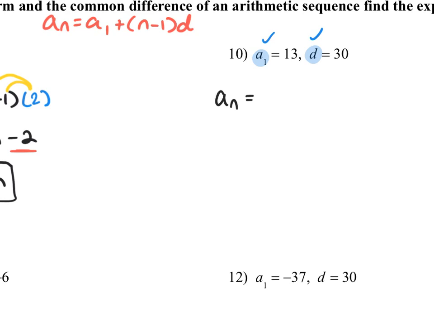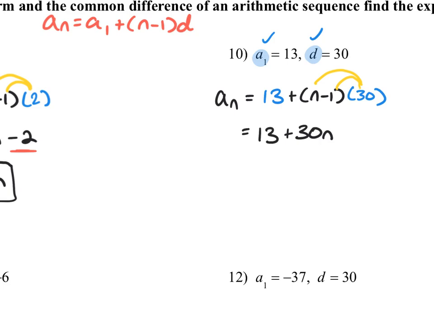So a sub n will equal 13 plus n minus 1. And then your d value here is 30. Take that 30 and distribute it to both the n and the minus 1. So you would get 13 plus 30n, because 30 times n.